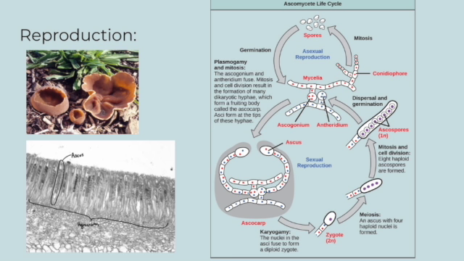So it happens through those reproductive spores that we saw called conidiospores, which typically have one nucleus and are products of mitotic cell division. So we can see that here in the picture on the right, that through mitosis these spores are created because of those conidiospores. It depends on the species, but they can either be dispersed by wind, water, or even animals.